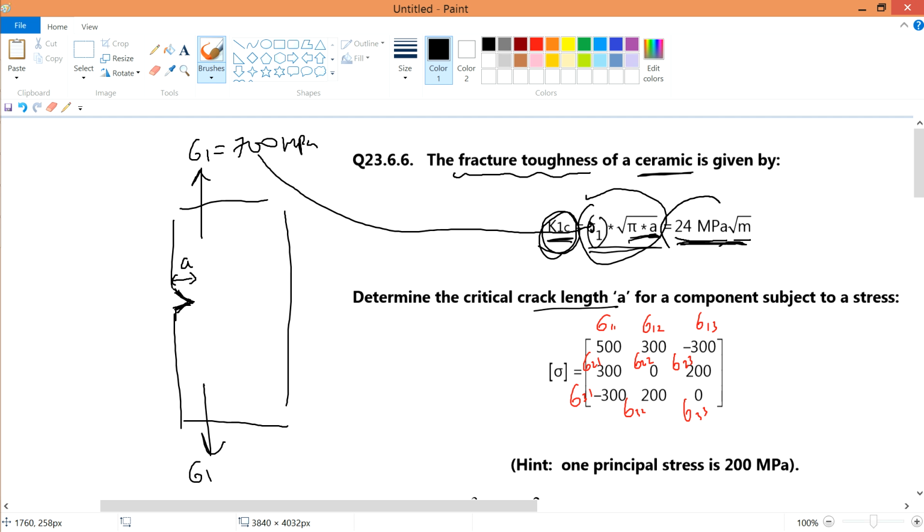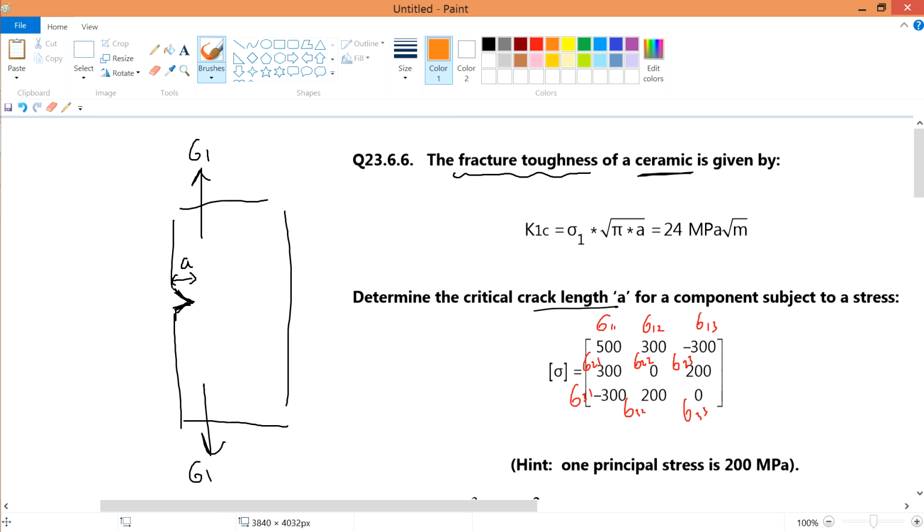This fracture toughness is given for the material, so we use this formula to find whether we will exceed it. I'll simply apply 700 MPa times root pi A. However, we are not given any value for A. The 25 MPa root m is over here, so we actually want to find A, the crack length that is allowable for our stress. Anything larger than this crack length will be unacceptable.